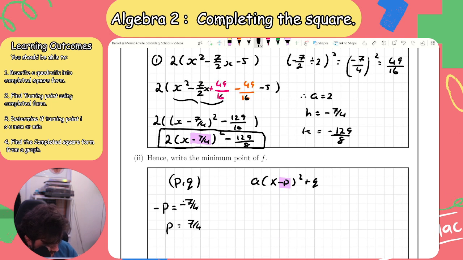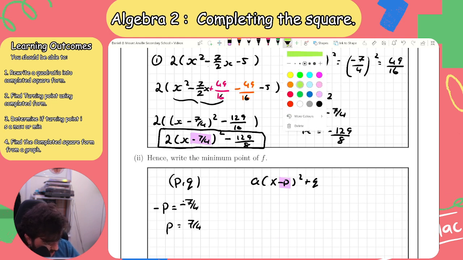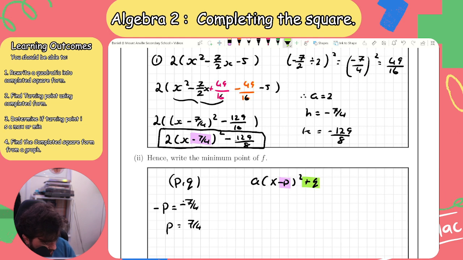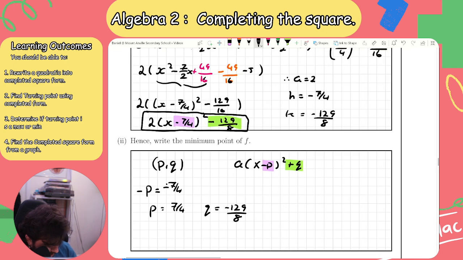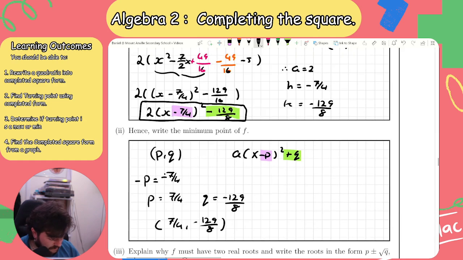That's my first coordinate. And then q, plus q is equal to minus 129 over 8. So therefore q is equal to minus 129 over 8. So my minimum point is 7 over 4 and minus 129 over 8. That is my minimum point of this function.